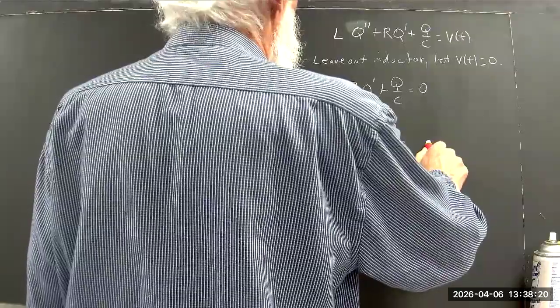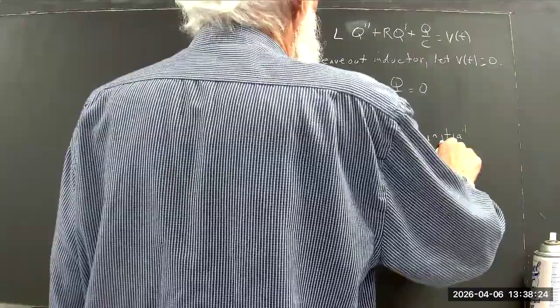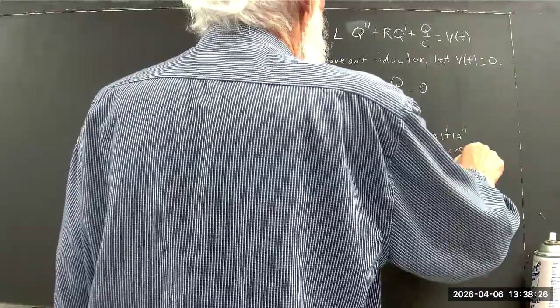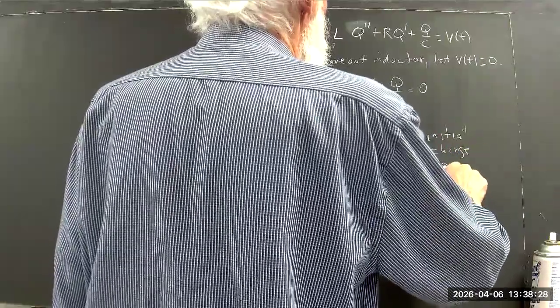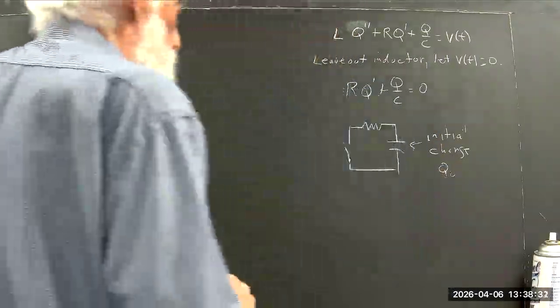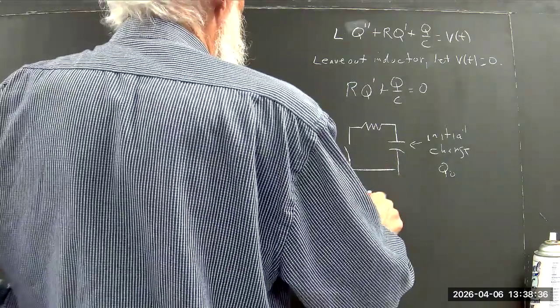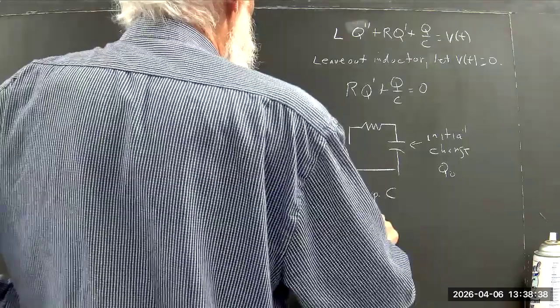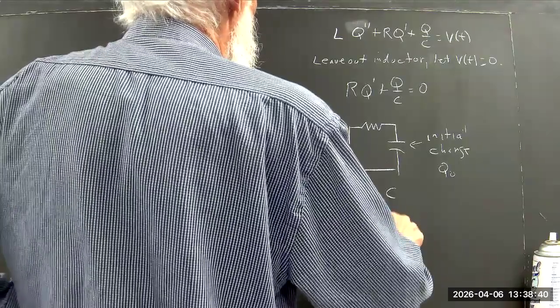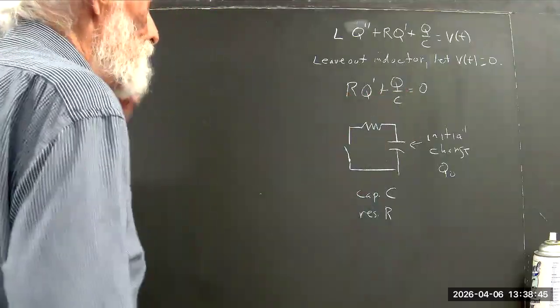So I mismatched my negative sign. All that over. Take it again. Say the initial charge is Q naught, capacitance C, resistance R. There's our equation.